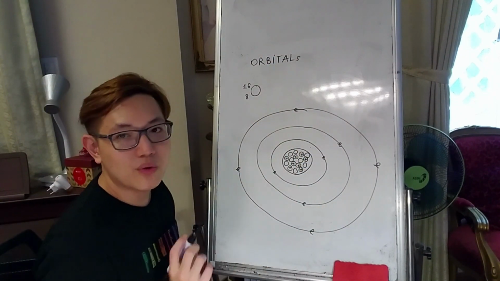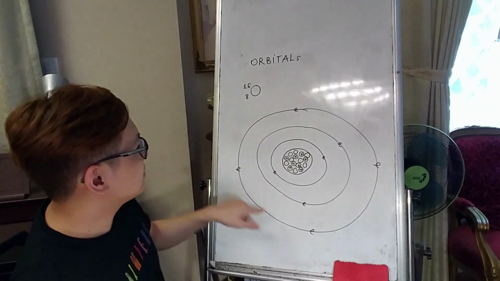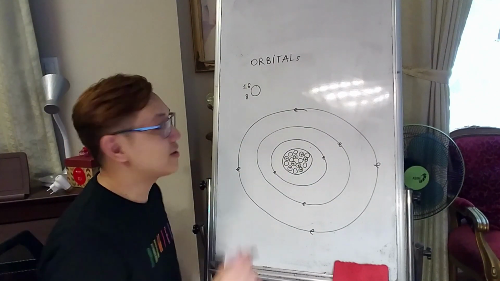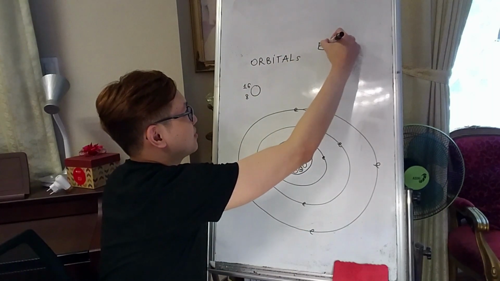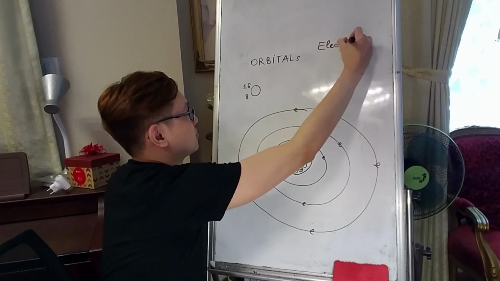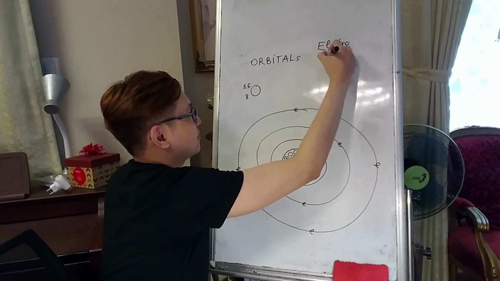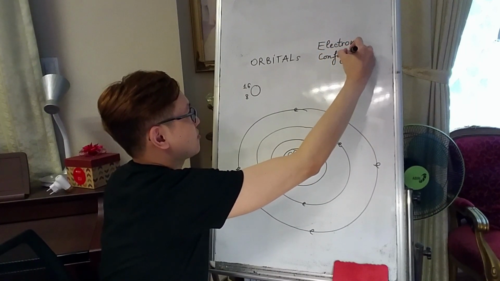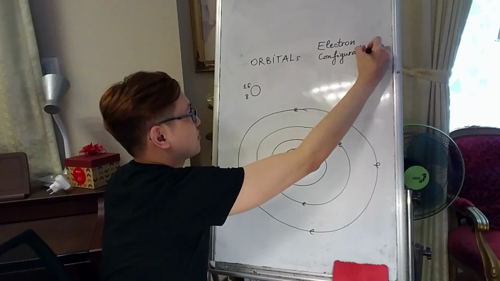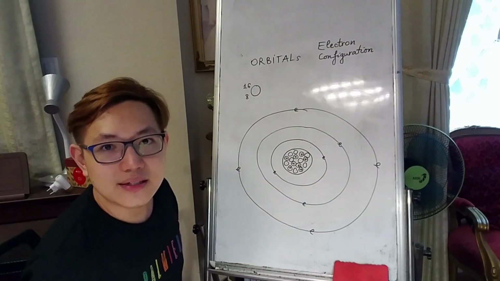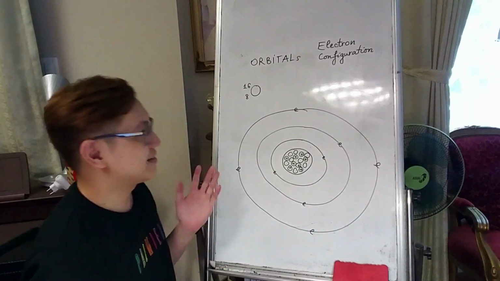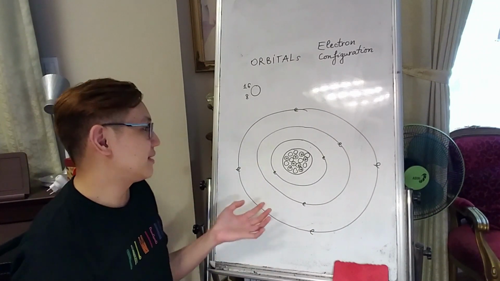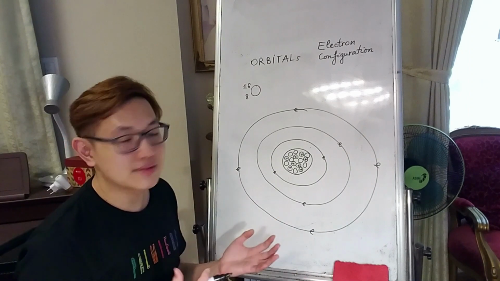So here comes the question. How do you know how to draw the orbitals surrounding it? We have a concept called electron configuration. So what is that? It just tells you the map where you can find the electrons and where they are located.